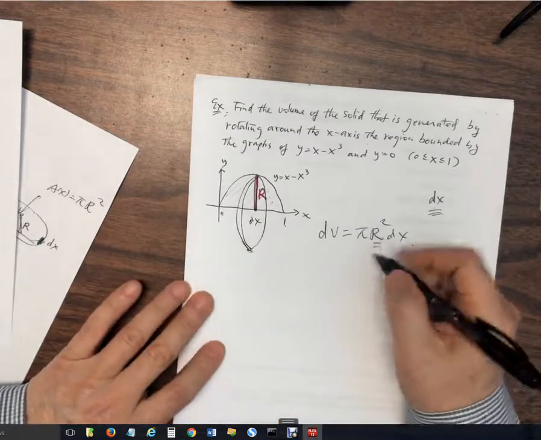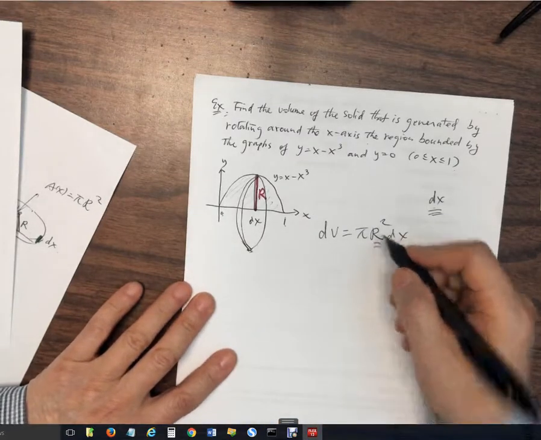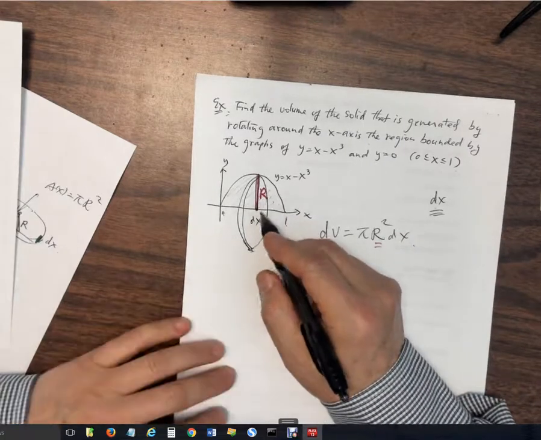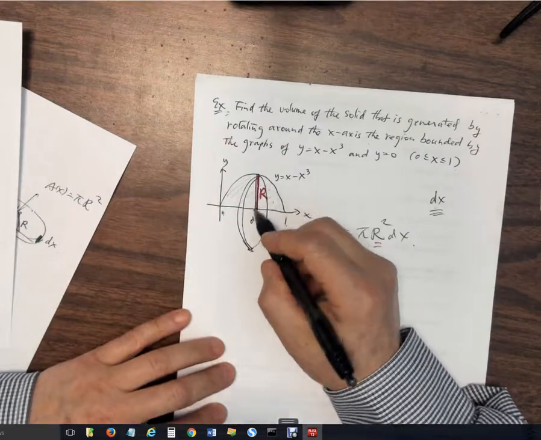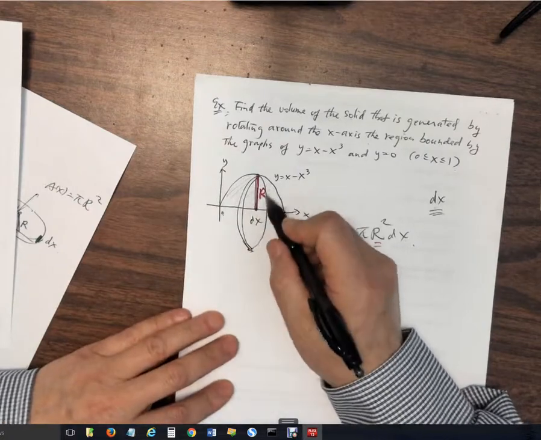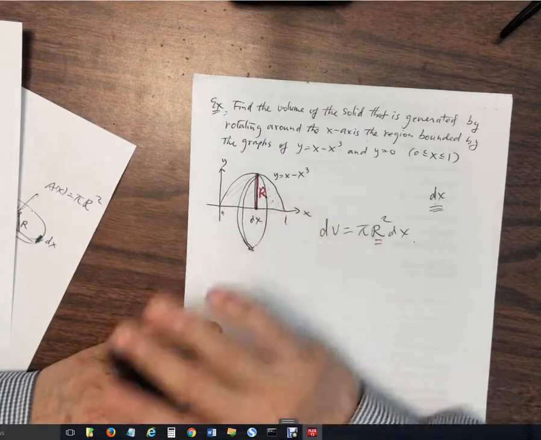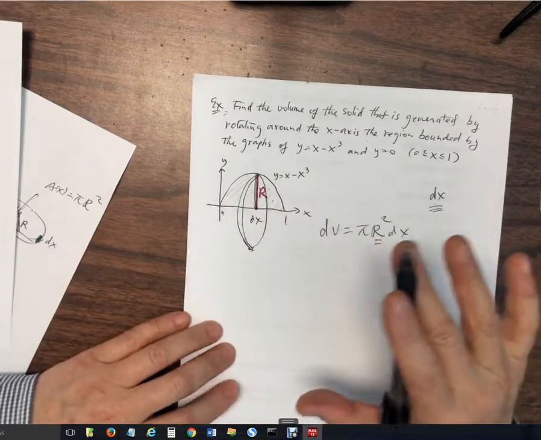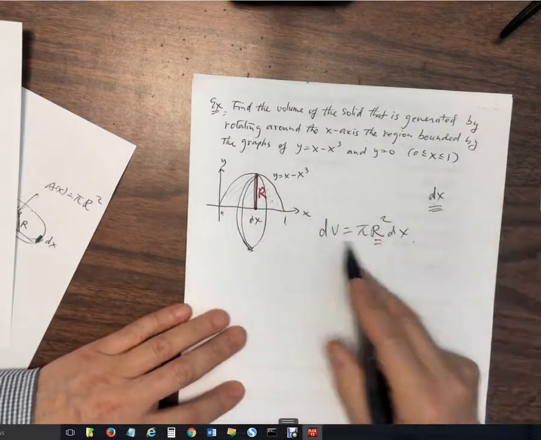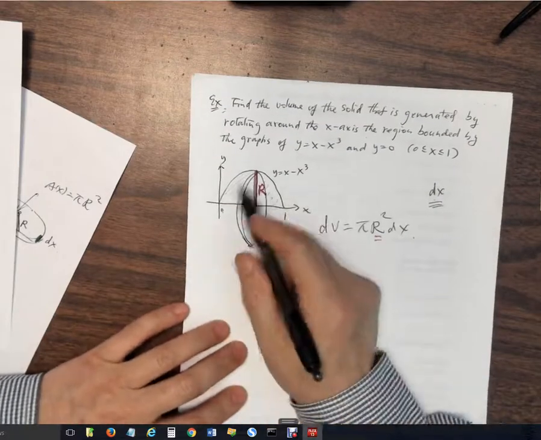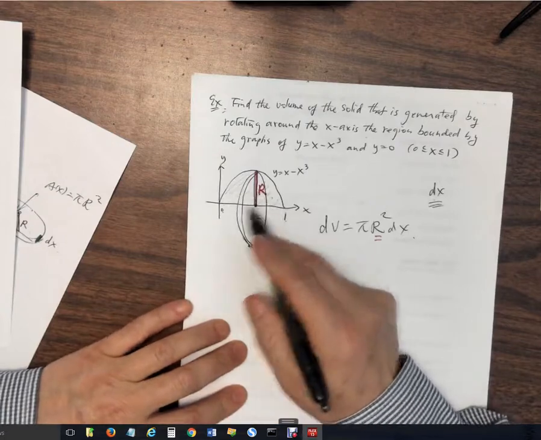Now, how do we figure out the correct expression for r? We rely on the graph to see, first of all, where it is, what's involved, what kind of distance it is. Everything we do is based on the graph. So the graph is very, very important.